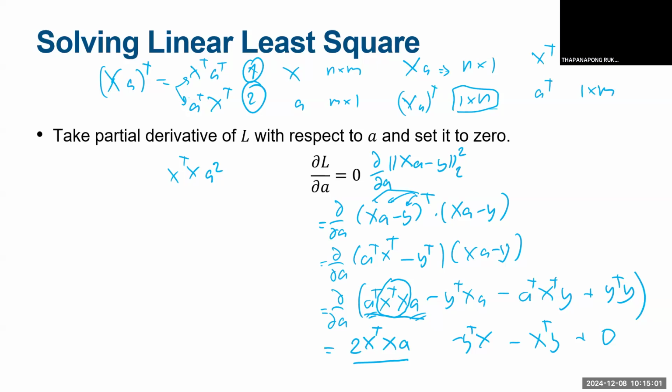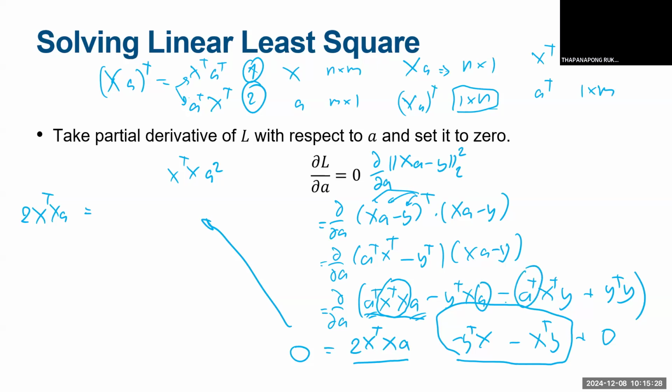And then we set this equal to 0, and what you get is X transpose X A equal to, for this two part, Y transpose X minus X transpose Y. This actually is because the A here is in the opposite direction.